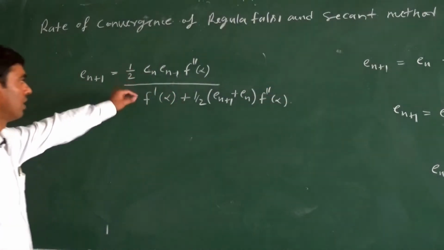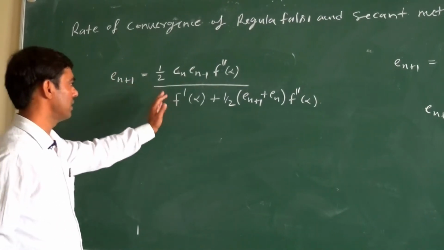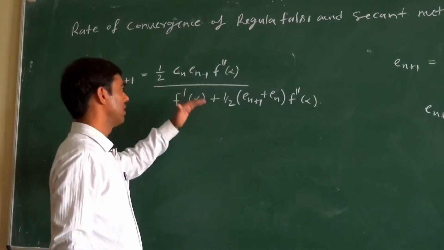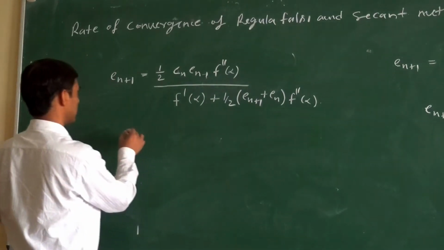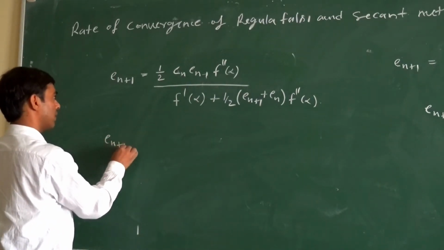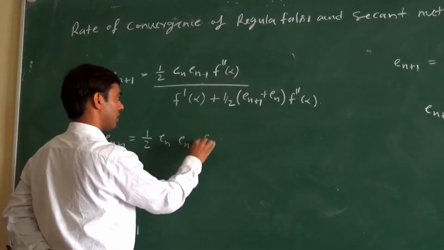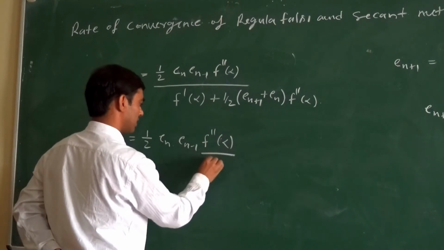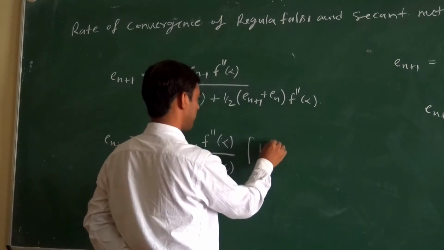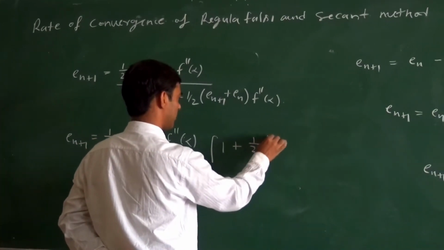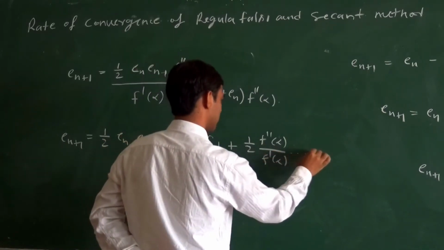So we may simplify this one also in another way. Here we take f dash alpha common. Then this becomes e_n plus 1 equals 1 by 2 e_n minus 1 f double dash alpha divided by f dash alpha into 1 plus 1 by 2 f double dash alpha upon f dash alpha, and some terms.